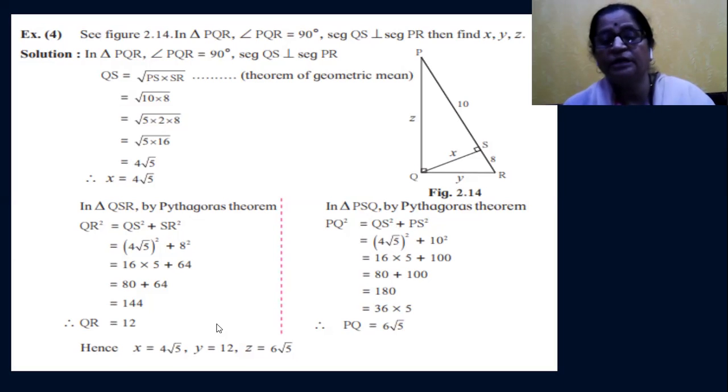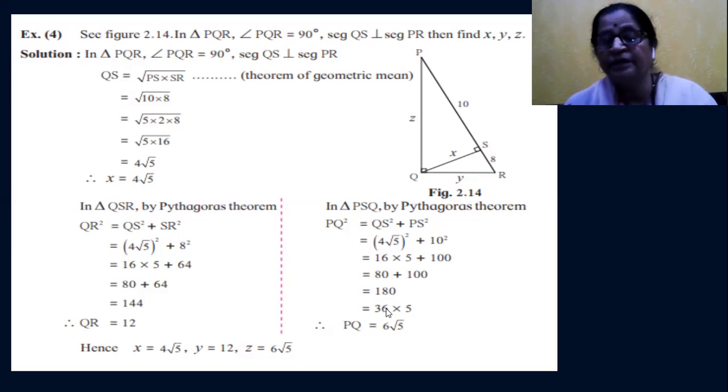QS value we are seeing here is 4 square root 5, it is squared, and PS is 10 squared. So 4 square is 16, square root 5 square is 5, and 10 square is 100. So we multiply 16 into 5, 80, and 100 as it is, and the total is 180.